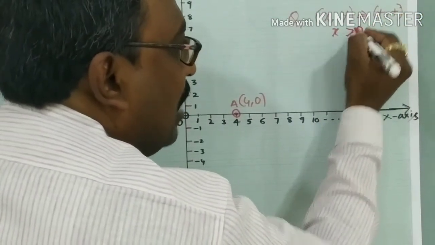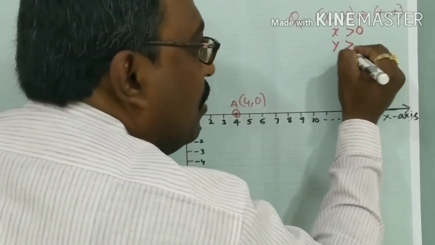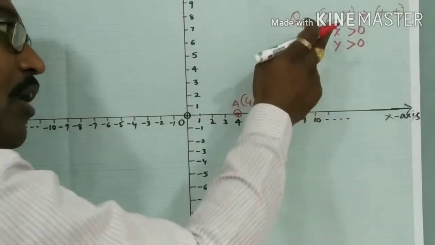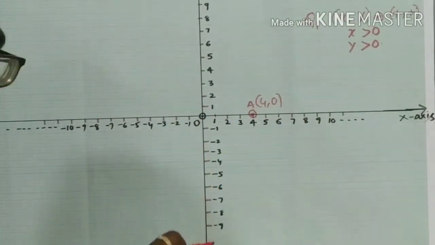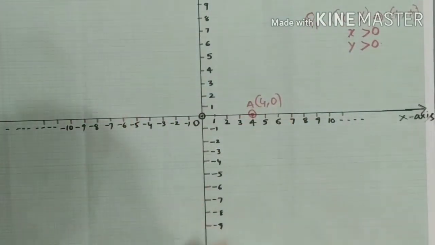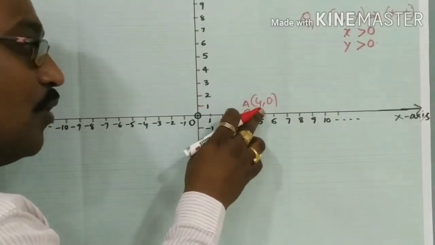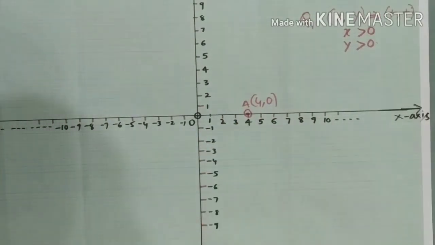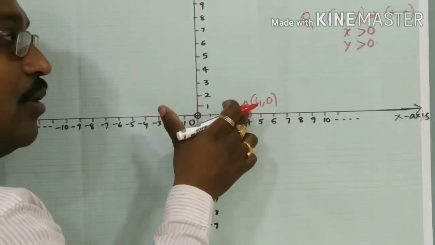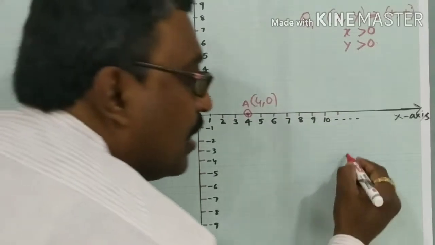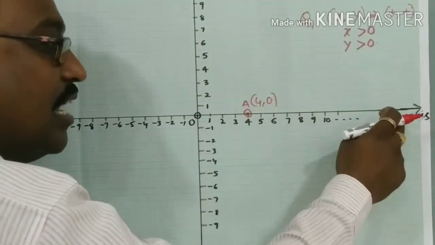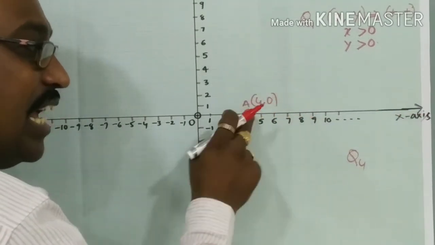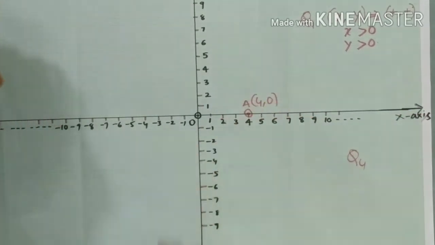That means x value is greater than 0, y value is greater than 0. If any point satisfies these two conditions, both x is positive, y is positive. Here it is 4 comma 0. 4 is positive, but 0 is neither positive nor negative. So A, 4 comma 0, does not belong to Q1 and does not belong to Q4. It is lying on the x-axis.